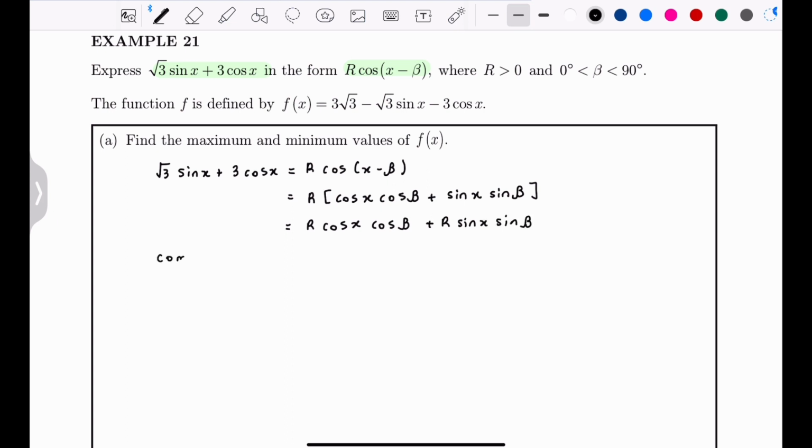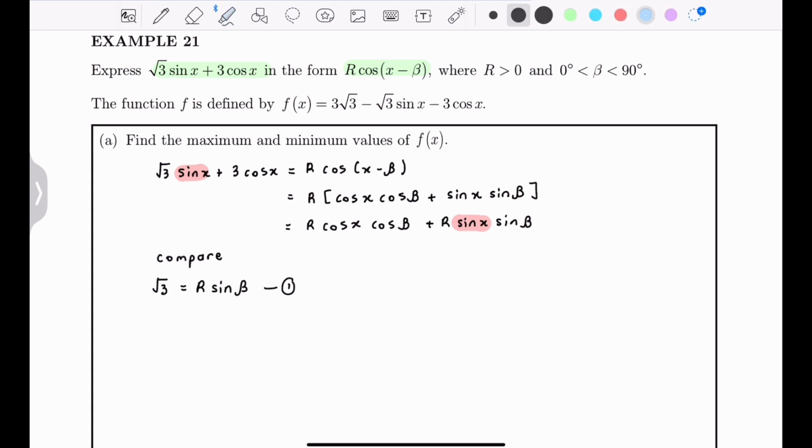We're going to compare elements in the left hand side and the right hand side. So first, we're going to compare the coefficient of sin x. On the left hand side, we have √3, and on the right hand side, we have r sin beta. This will be our first equation.